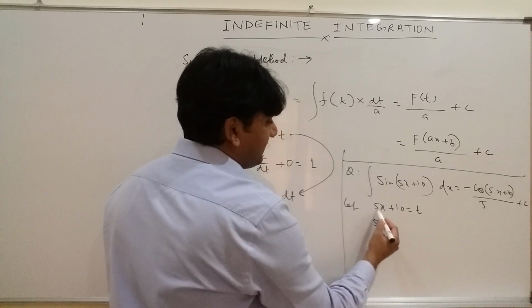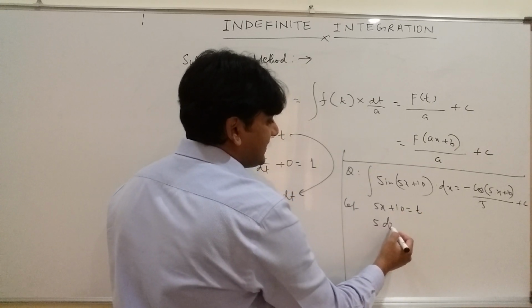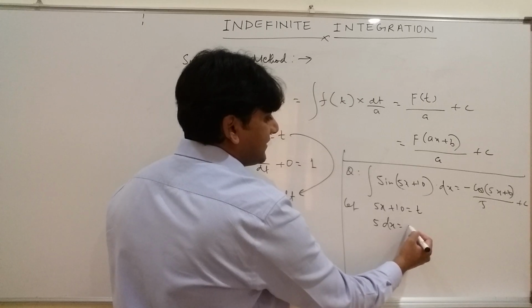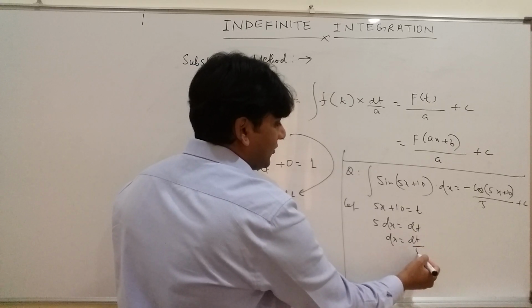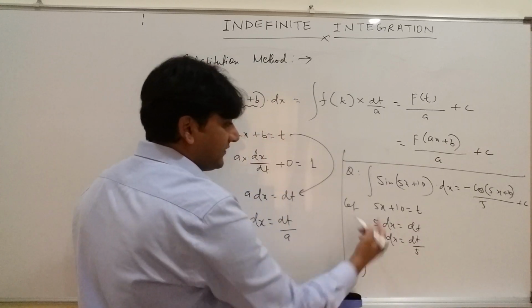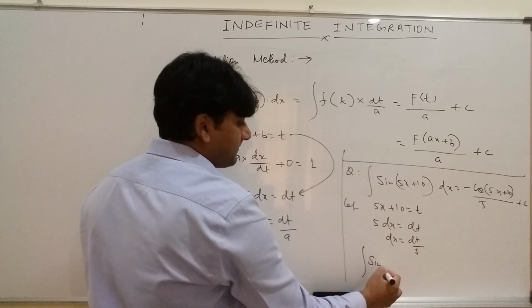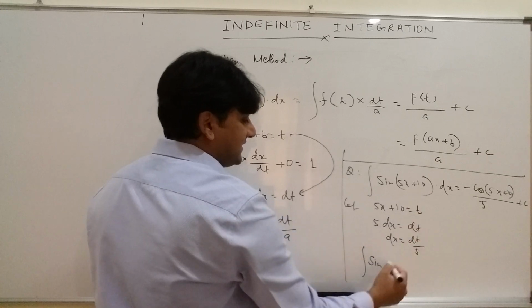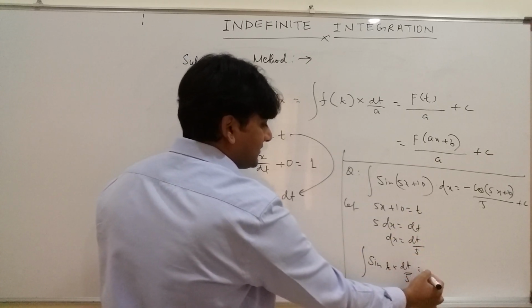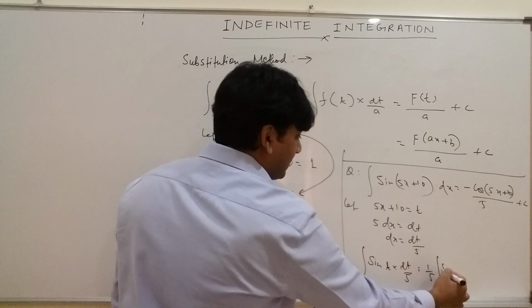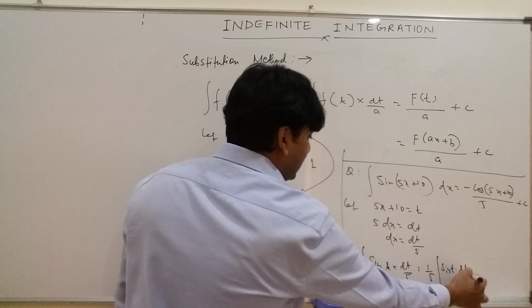Then you differentiate: 5 as it is, the derivative of x is dx, the derivative of 10 is 0, and t gives dt. So for dx we got dt over 5. Now this question will be sine of 5x plus 10 as t. So this is sin t, and dx is dt over 5, right? So we got 1 over 5 sin t dt.